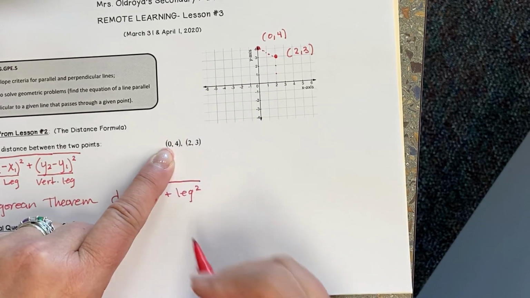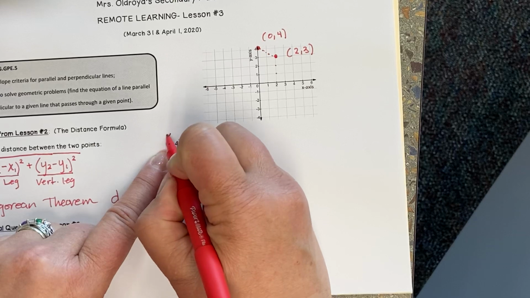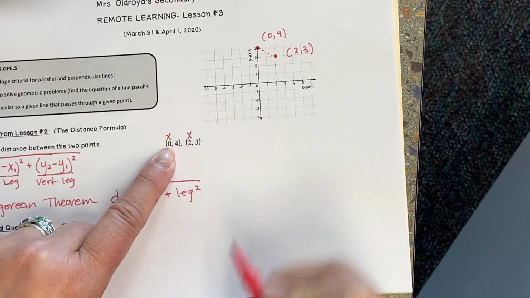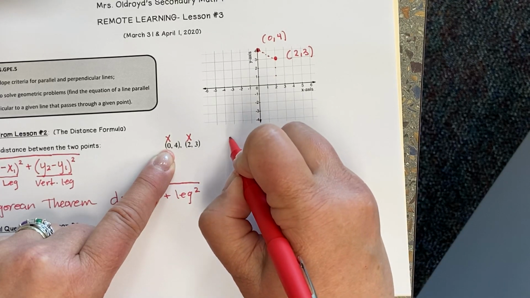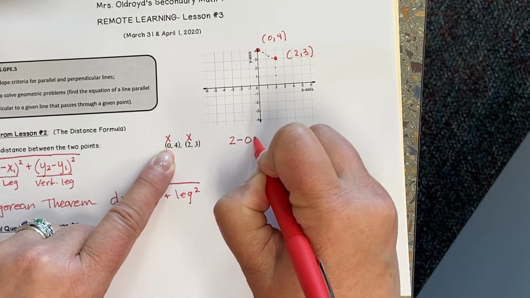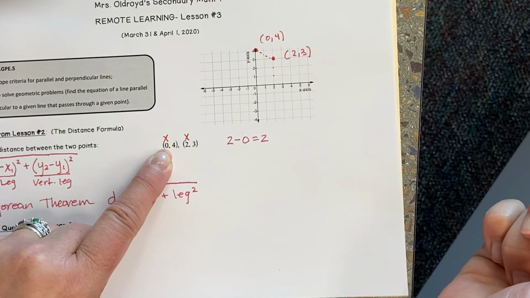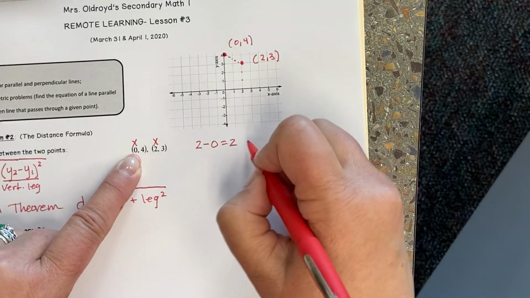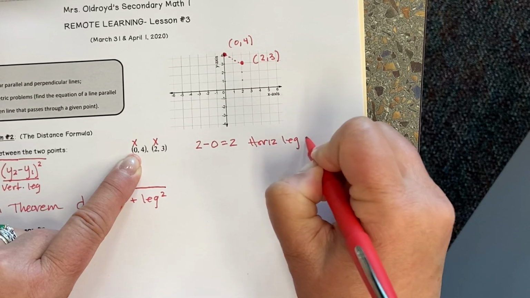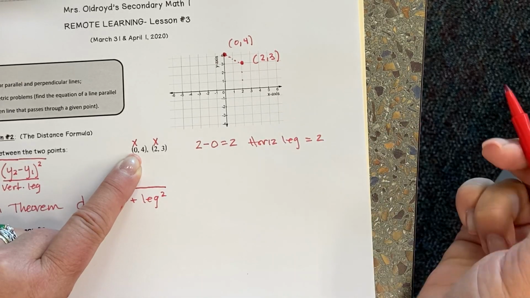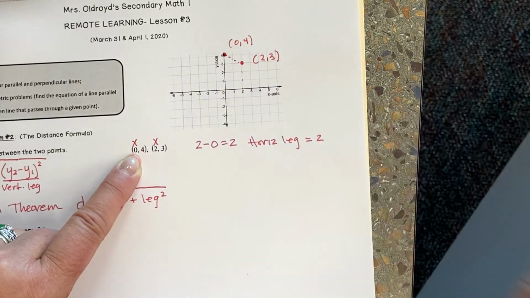So let's do the horizontal leg first. We're going to take that x, that x, the big number minus the small number. So 2 minus 0 is still a 2. So our horizontal leg equals 2. And you can see that up here if you draw this out.